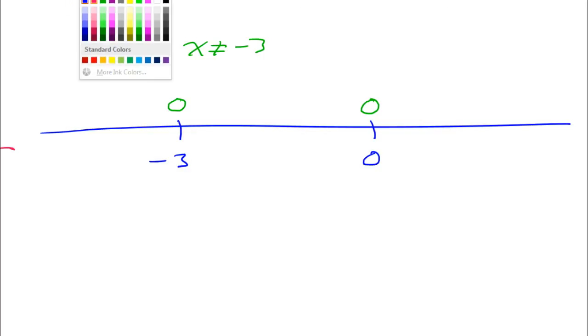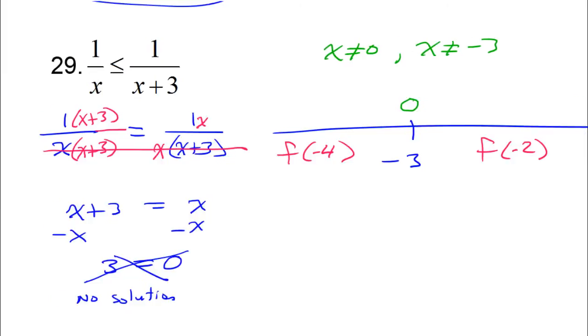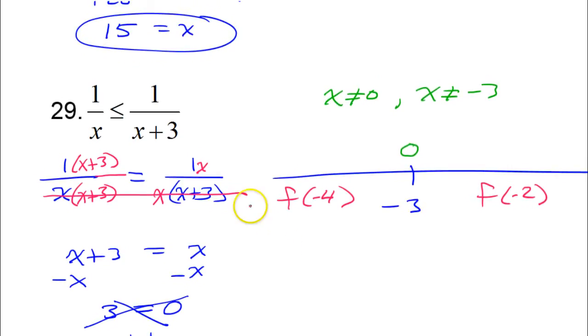Okay, time for test values. So I will evaluate at -4, -2, and +1. Now I need to be really careful what I put in my calculator when I use my calculator to help me out.